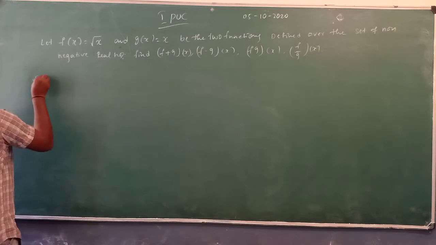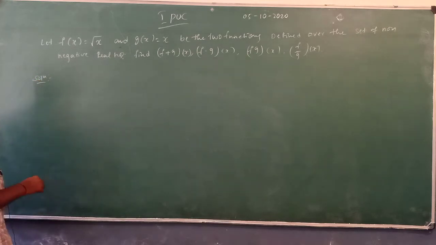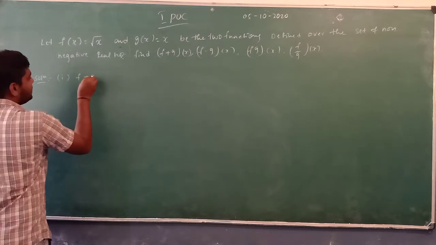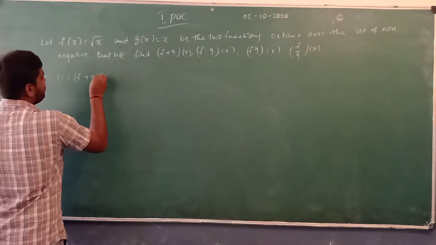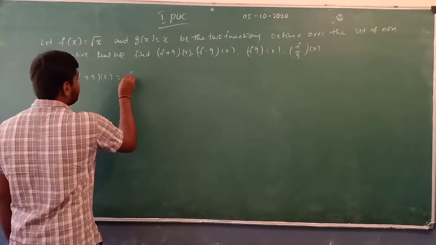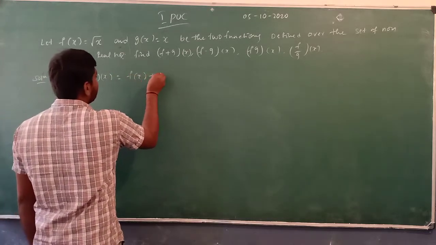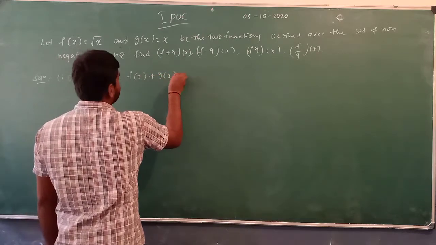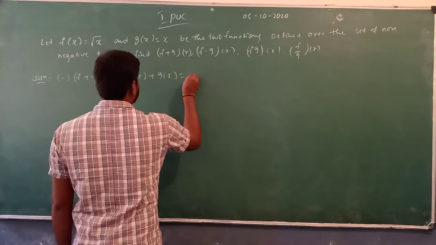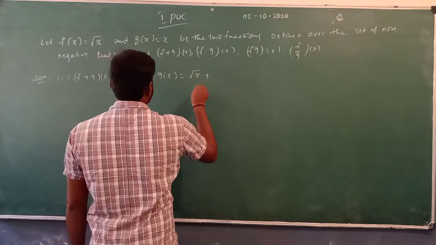So the solution is, first one, f plus g of x is nothing but f of x plus g of x. So we have f of x is nothing but root x, plus what is the value of g of x?